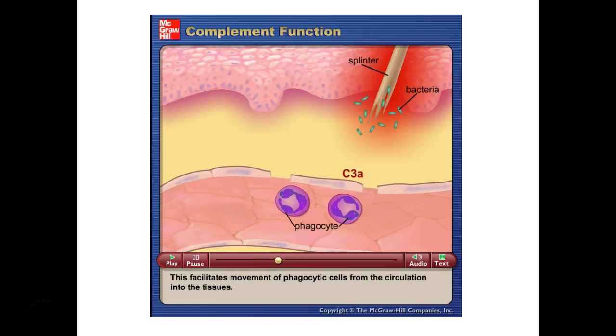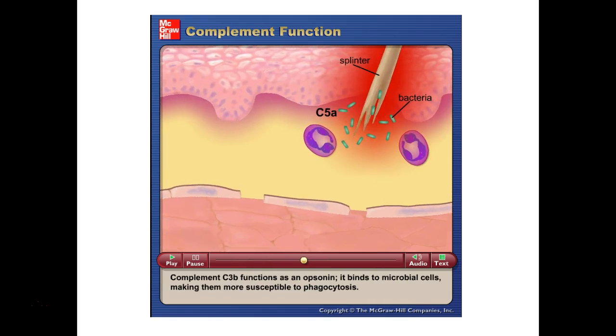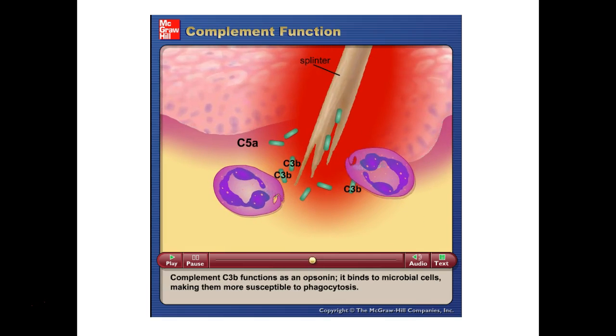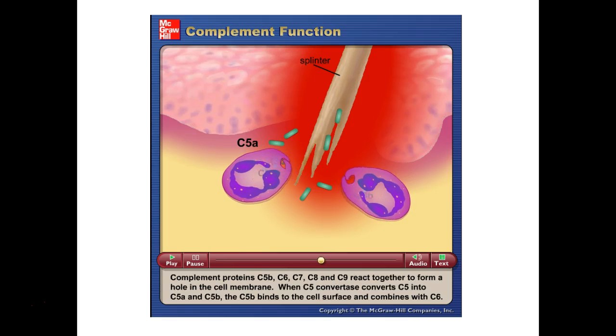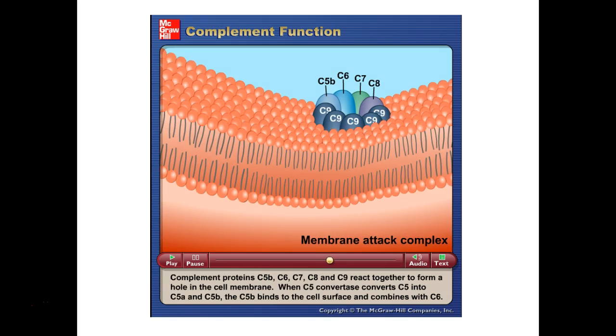This facilitates movement of phagocytic cells from the circulation into the tissues. Complement C5a induces a directed chemotactic migration of phagocytes to the site of complement activation. Complement C3b functions as an opsonin. It binds to microbial cells, making them more susceptible to phagocytosis. Complement proteins C5b, C6, C7, C8, and C9 react together to form a hole in the cell membrane.